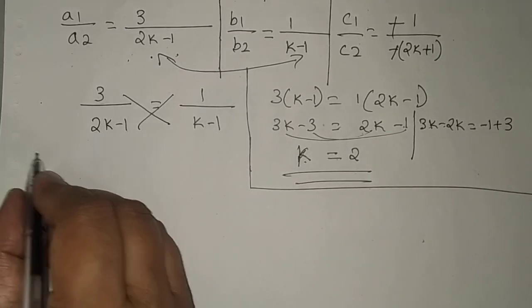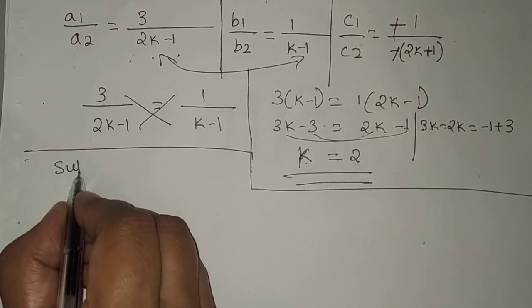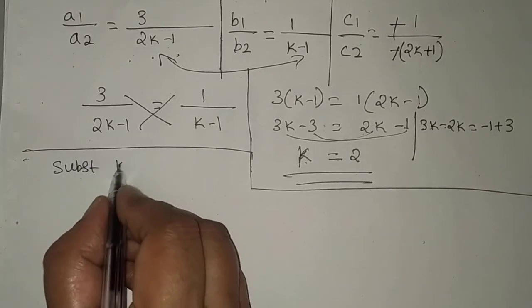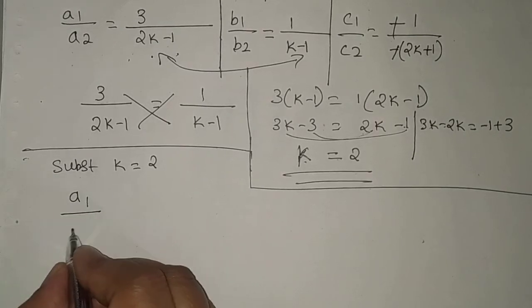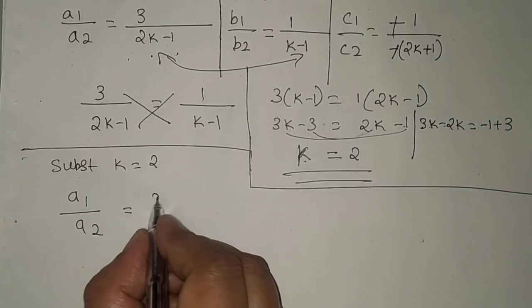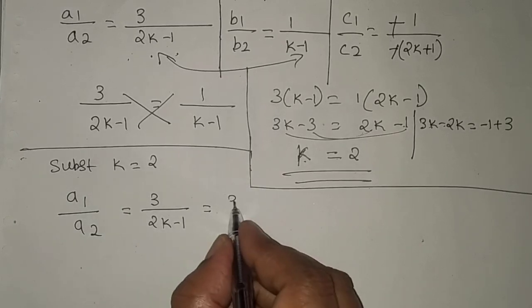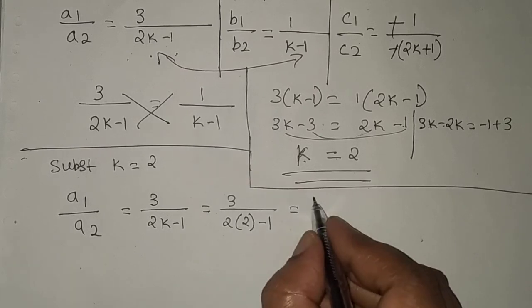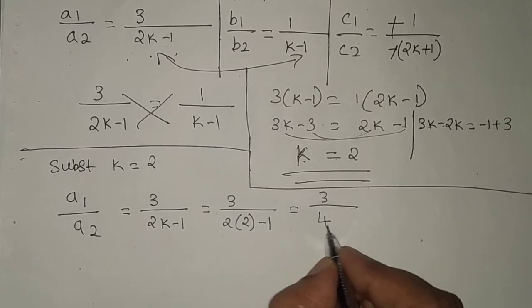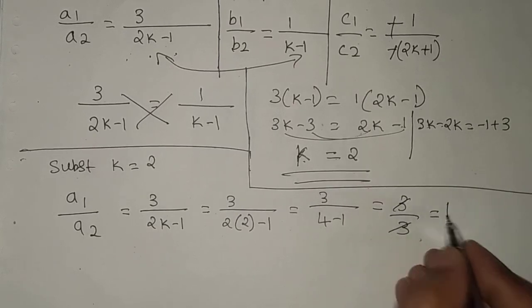Now, next step is substituting k is equal to 2. So now we have to substitute. Here A1 by A2 is equal to, first we take 2k minus 1, that is 3 by 2 into 2 minus 1, which is 3 by 4 minus 1, equal to 3 by 3, which is equal to 1.